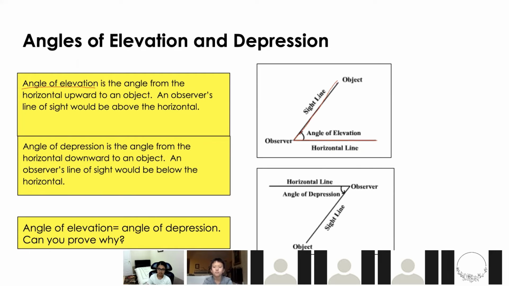So let's just make a fake example. Say we have a human and he's looking straight upwards. No, sorry, this is his line of sight. Say there's an airplane.